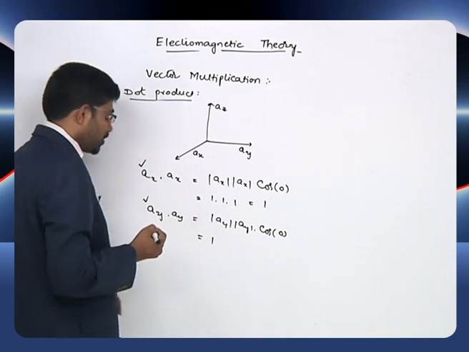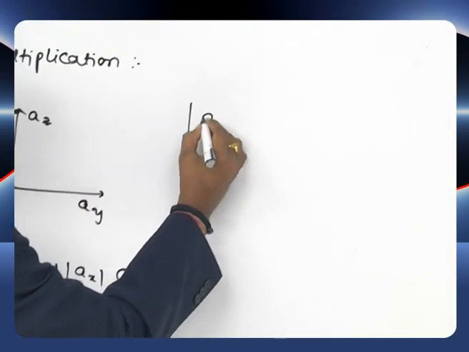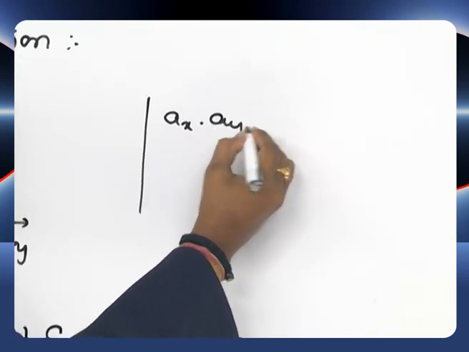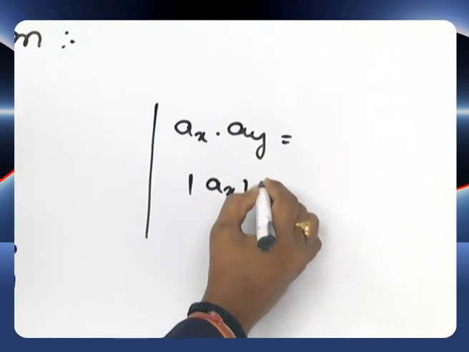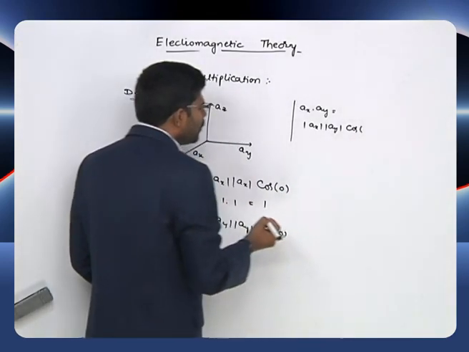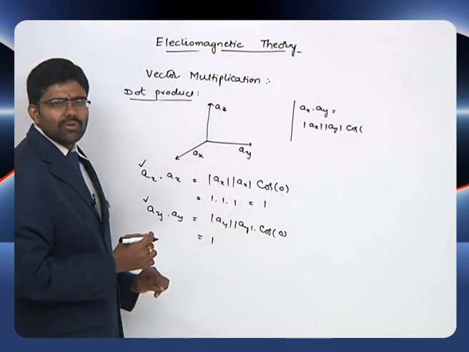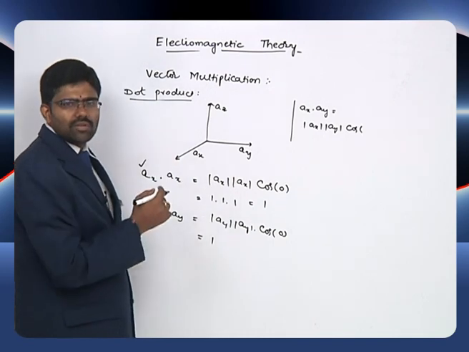Then what is the other combination we can take? If we consider the other combination like ax dot ay, as per our definition it equals the magnitude of ax, the magnitude of ay, and cos of the angle between ax and ay. Here we are always using our right handed coordinate system, and it is an orthogonal coordinate system.